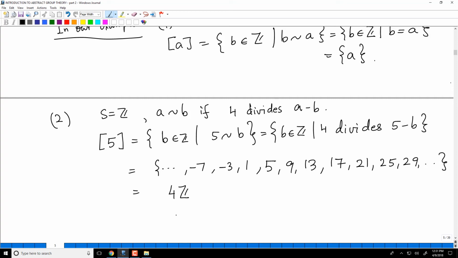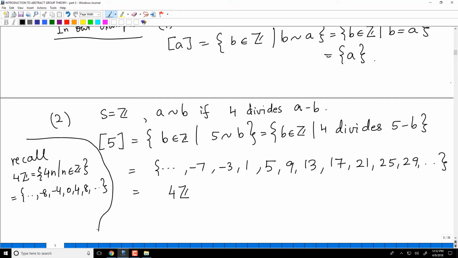Remember, 4Z was all integers which are multiples of 4. So this is minus 8, minus 4, 0, 4, 8 and so on. This is similar to that.